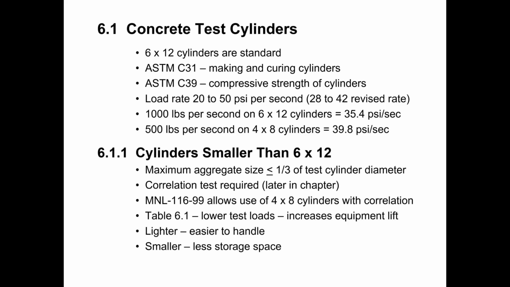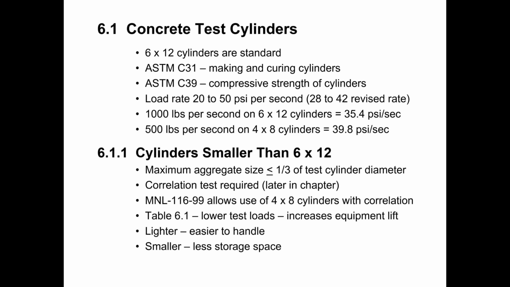Now for a 4x8 cylinder, a good rule of thumb is around 500 pounds per second. So again, you can watch the load being applied from the dial or the digital readout. Keep an eye on the clock, and so long as your load rate is around 500 pounds per second, then you are in the target load rate range for ASTM C39, and you're okay for a 4x8 cylinder.